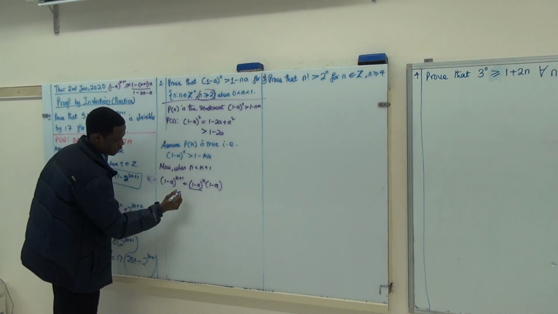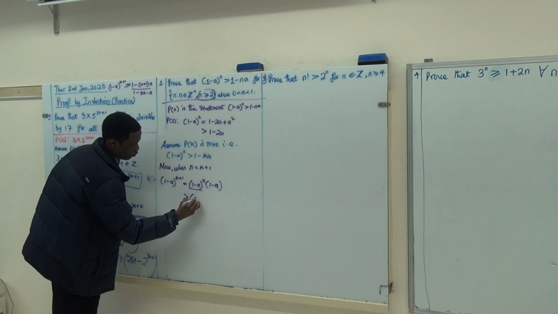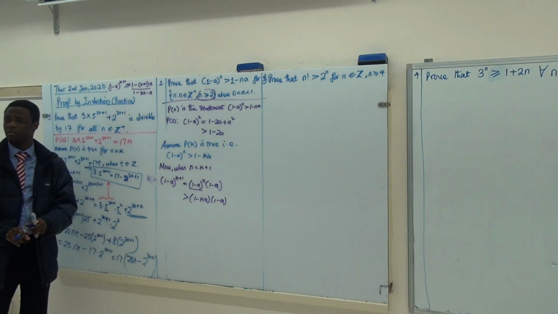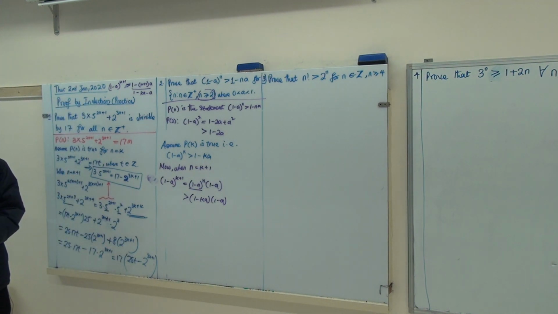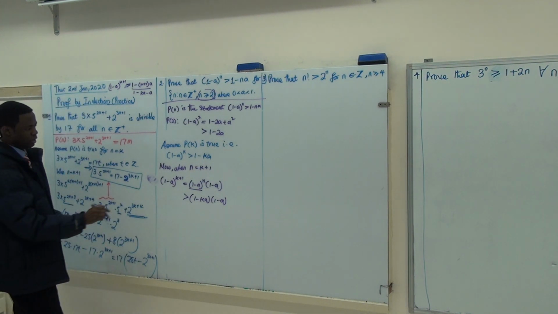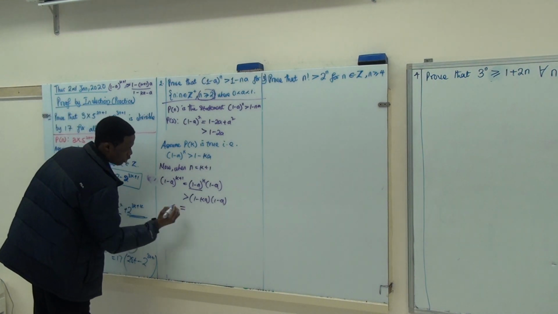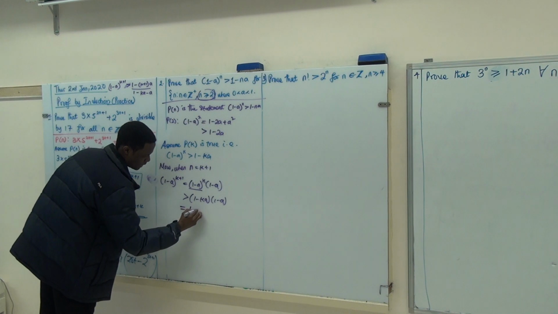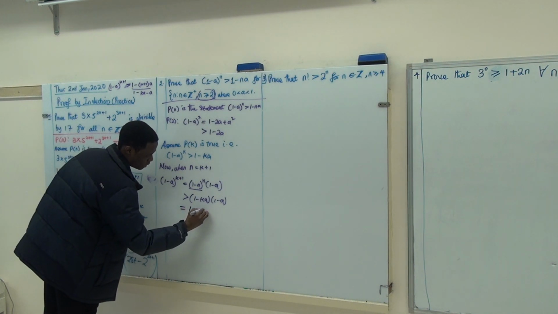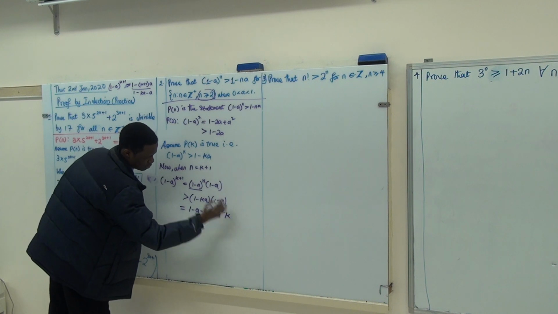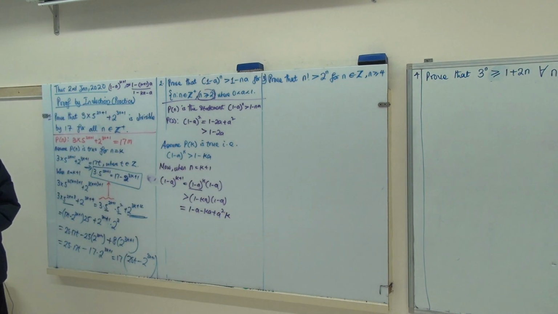It means the product must be greater than (1 minus ka) times (1 minus a). Do you agree? Any question? Now, this is going to be equal to 1 minus a minus ka plus k a squared. Do you agree? What do you notice?